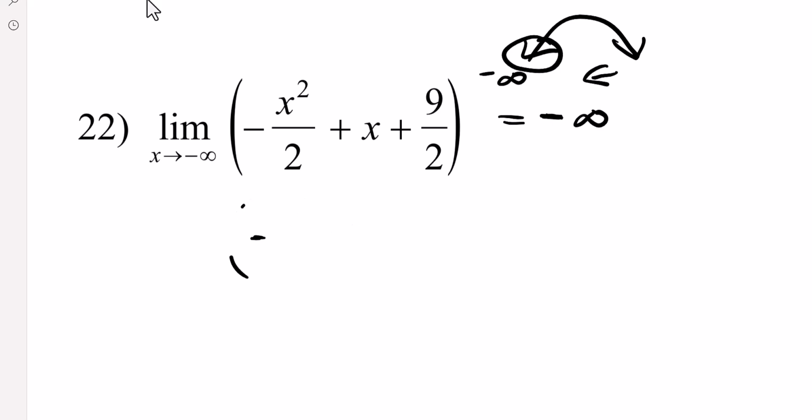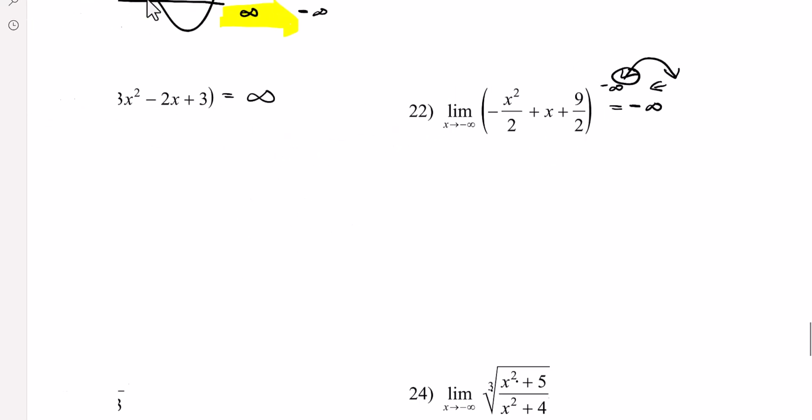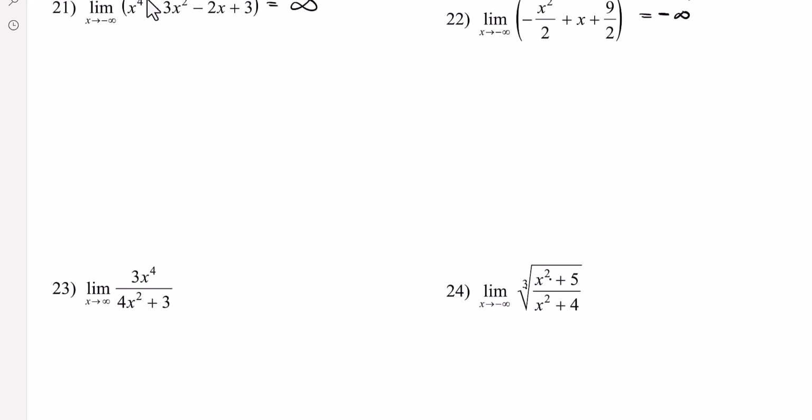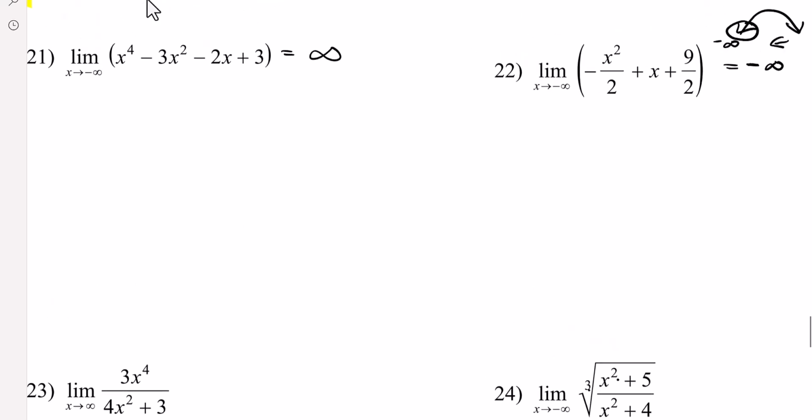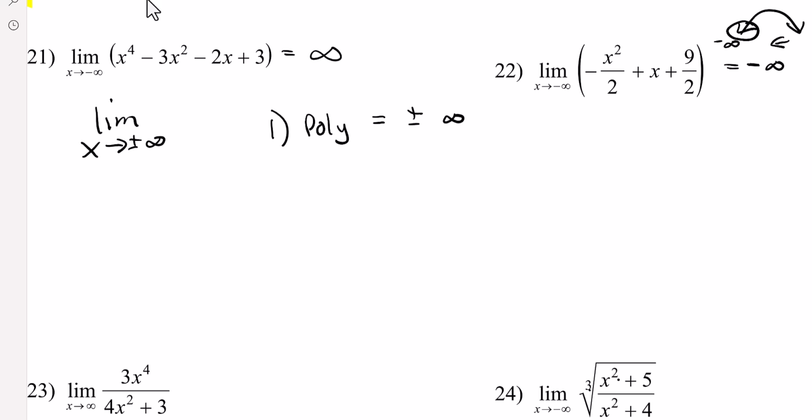Okay, so here are the rules, and then I'm going to stop because this is a long video. The rules of limits at positive or negative infinity. If it's a polynomial, the answer is going to be either positive or negative infinity, because we know what the graphs are going to look like.